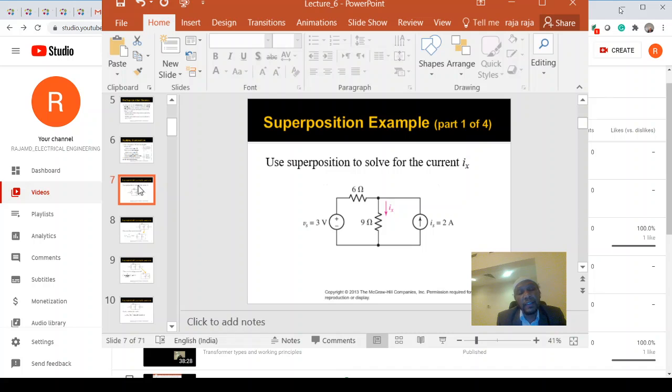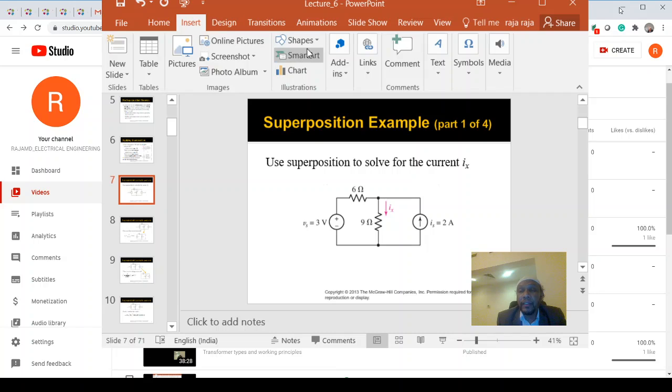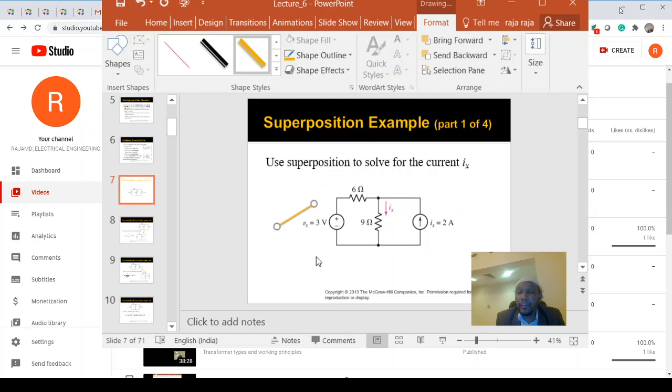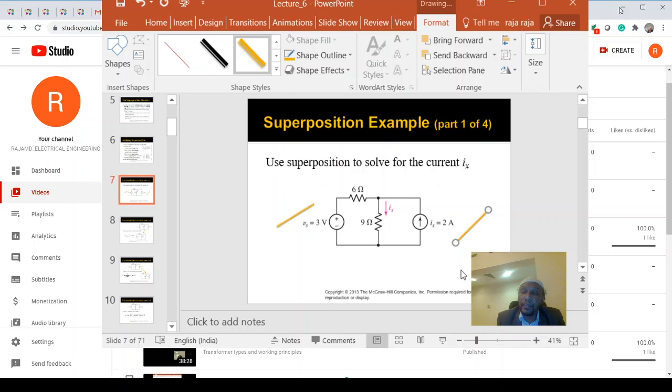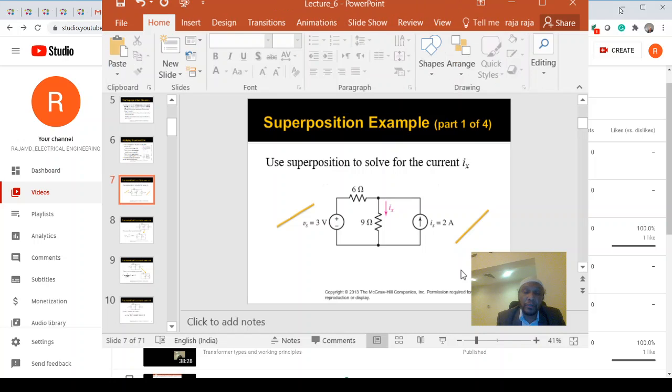And we can see the first example. In this example problem, they give you a two-source problem. One source is a voltage source, and the other is a current source, but both are independent sources.